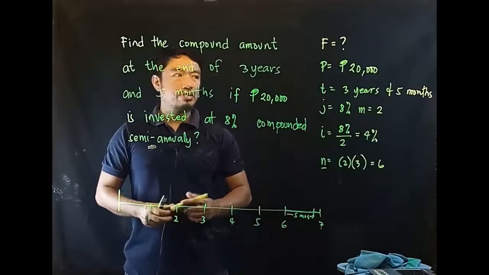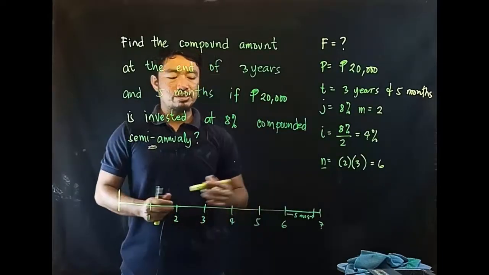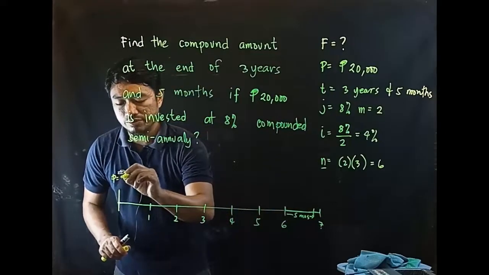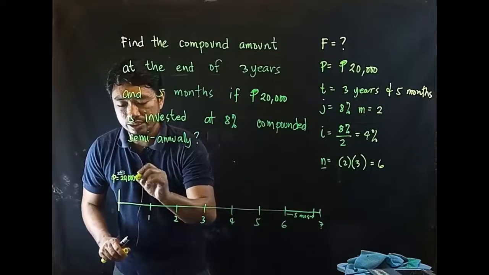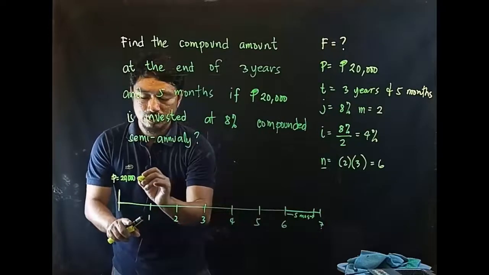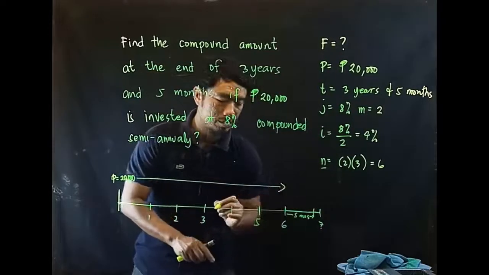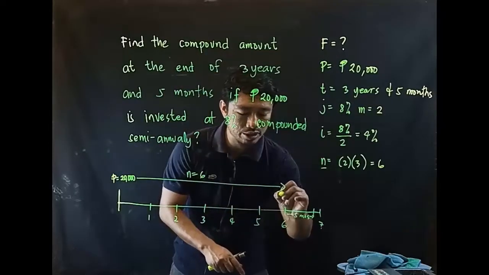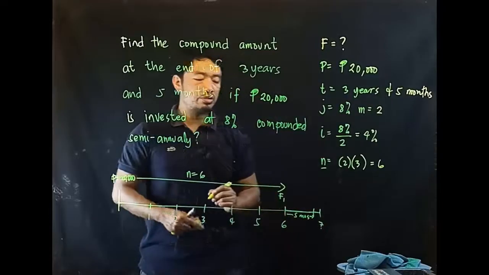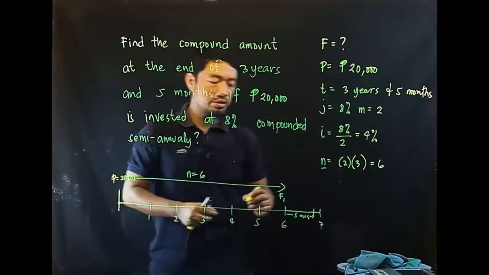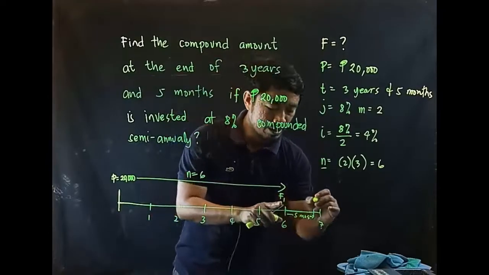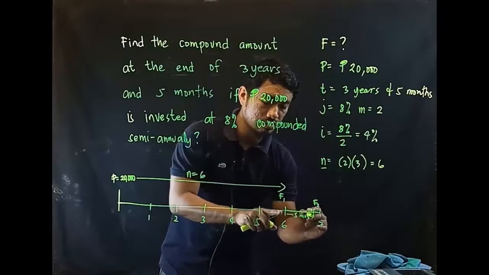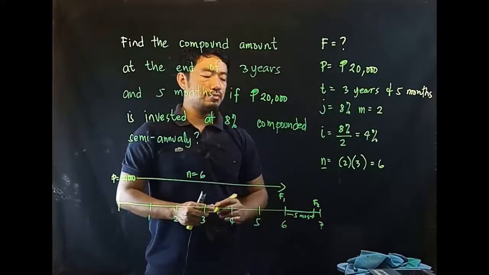First, by accumulating your original amount of 20,000 for a period of n equal to 6, we can temporarily solve for the final amount up to this period. And then, determine the true final amount for the remaining 5 months by using simple interest.